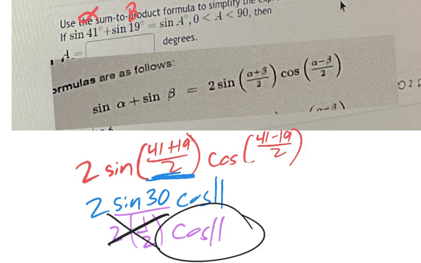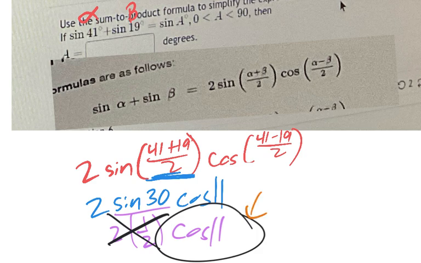So I think my answer is cosine of 11 degrees. If it doesn't take that, you may have to use your calculator. Oh, sorry, I need to read the rest of the question. So the answer is cosine of 11.